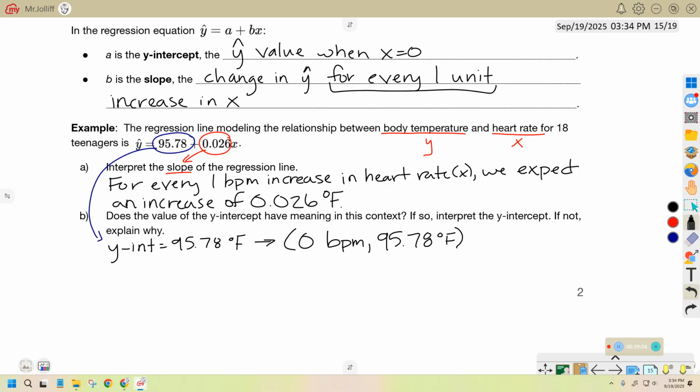What the AP board is looking for here is that you understand that number should be couched in context from the real world, and you need to be able to make sense of whether that is reasonable or not. For example, if we go back to our housing situation, if I got an intercept of negative $2,000 for a house of 0 square feet, is that a reasonable value?